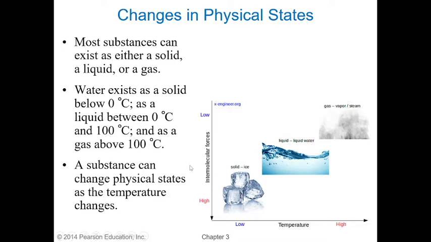For example, we know that water exists as a solid at or below 0 degrees Celsius. That is the freezing temperature or freezing point of water. It exists as a liquid between 0 and 100.